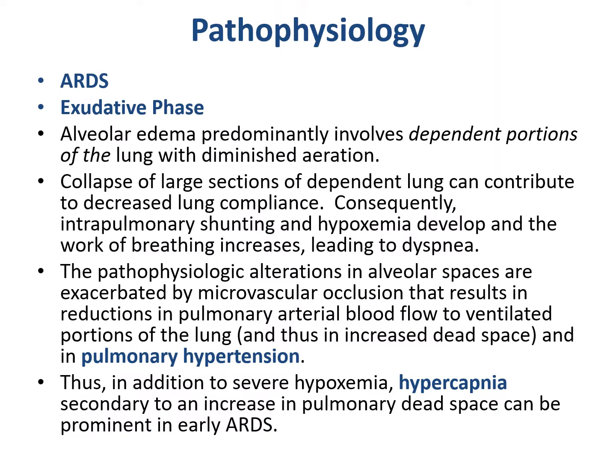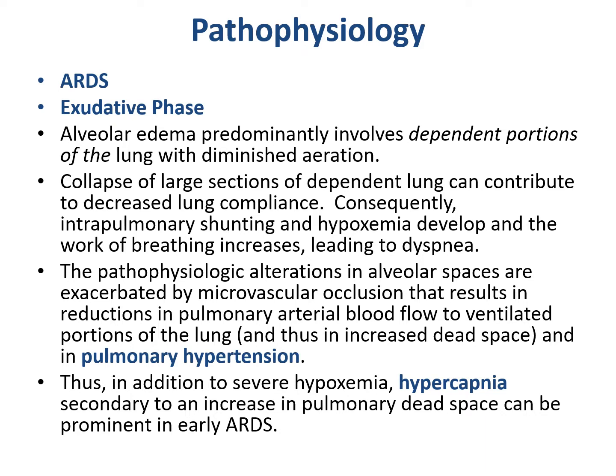In the exudative phase of RDS, alveolar edema predominantly involves dependent portions of the lung with diminished aeration. Collapse of large sections of dependent lung can contribute to decreased lung compliance. Consequently, intrapulmonary shunting and hypoxemia develop and the work of breathing increases, leading to dyspnea.